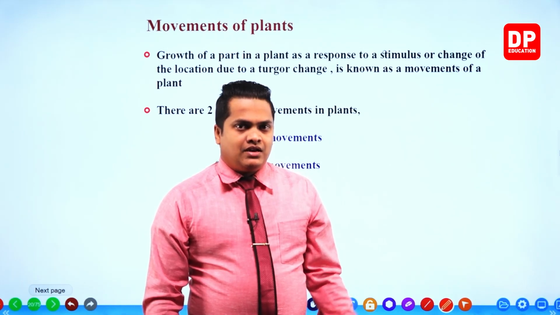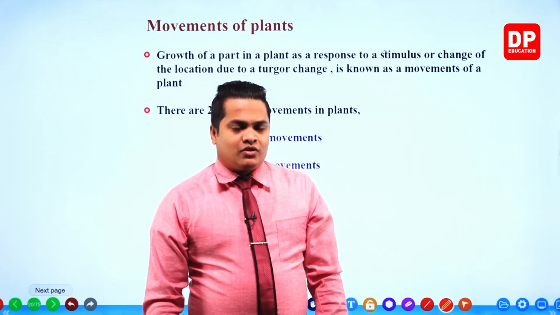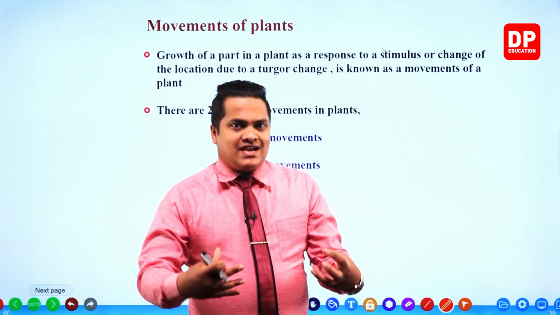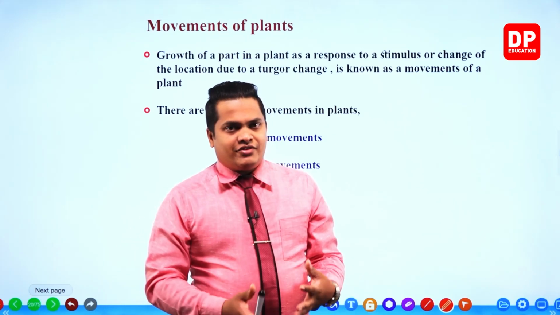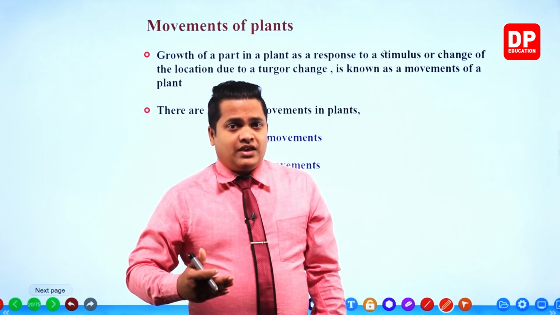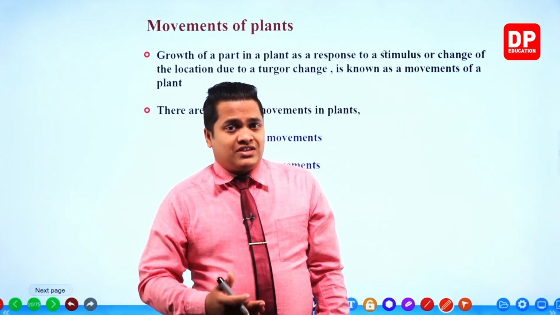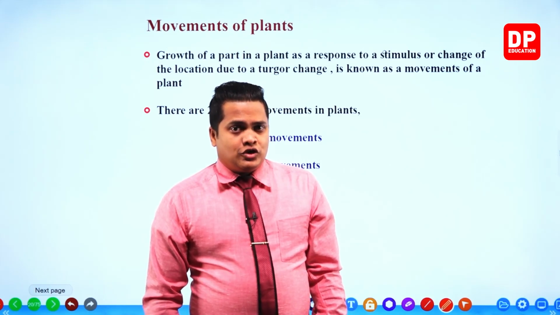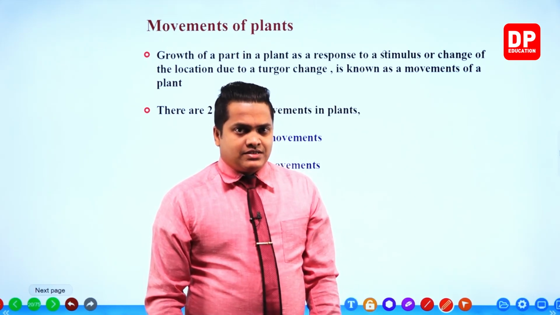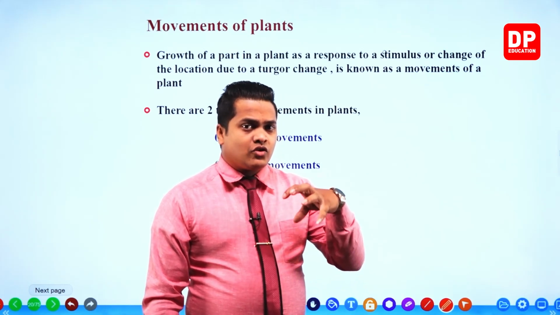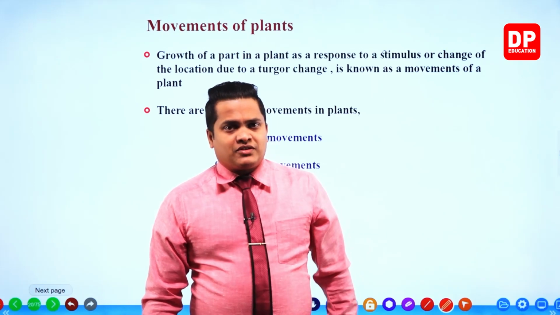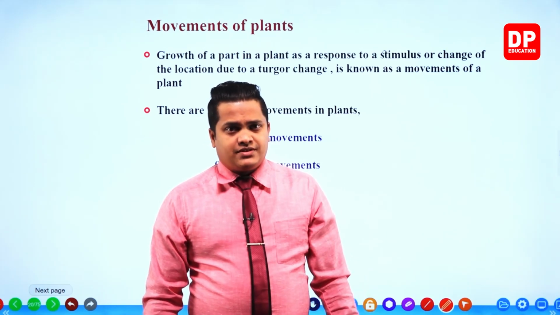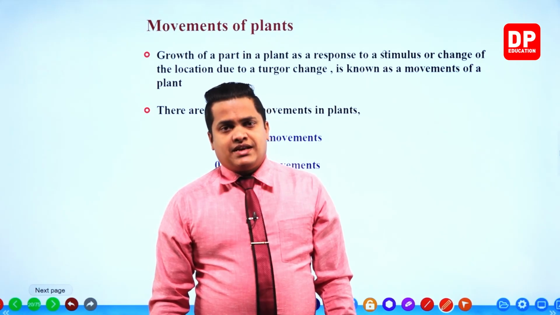For example, light is coming from a certain side. Then, my dear children, auxins are getting produced. Due to that, the number of auxin particles is getting increased. When there is an increase in the auxin particles, the darker area will grow very fast. Therefore, the bending process can be observed.